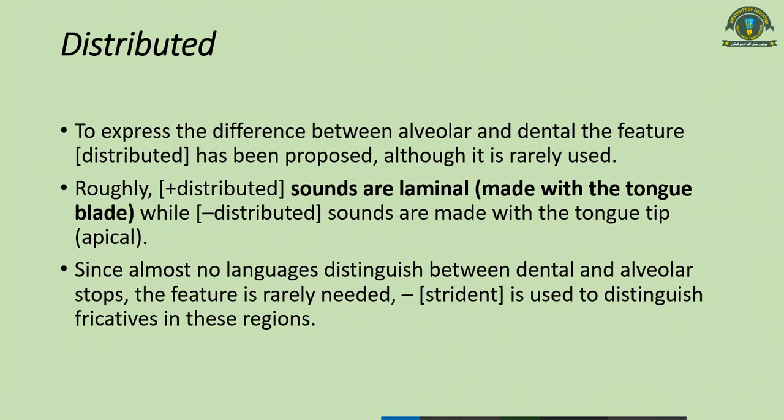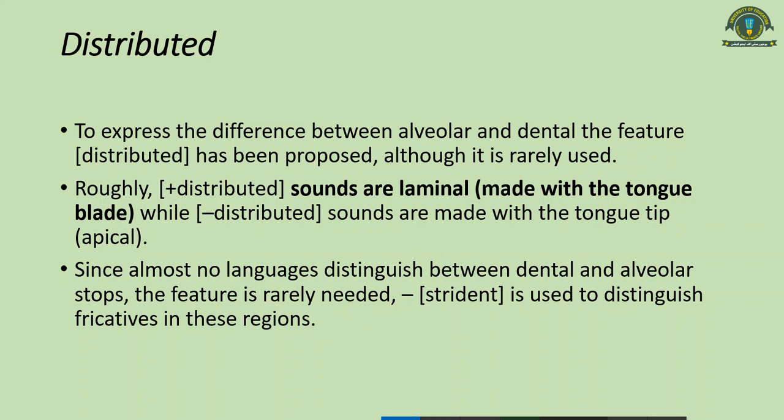The first subdivision of coronal is distributed. To express the difference between alveolar and dental, the feature distributed has been proposed. Roughly, plus distributed sounds are laminal sounds, meaning they are made with the tongue blade, while minus distributed sounds are made with the tongue tip. However, there are almost no languages which distinguish between dental and alveolar stops.